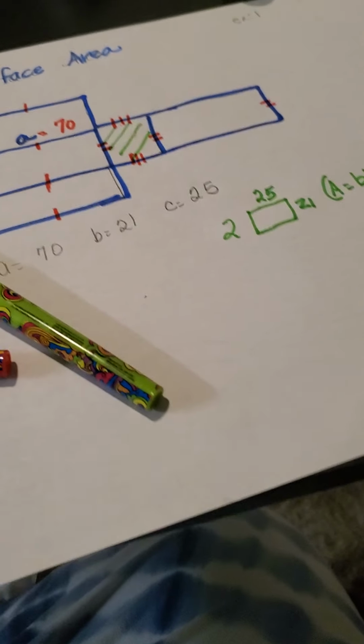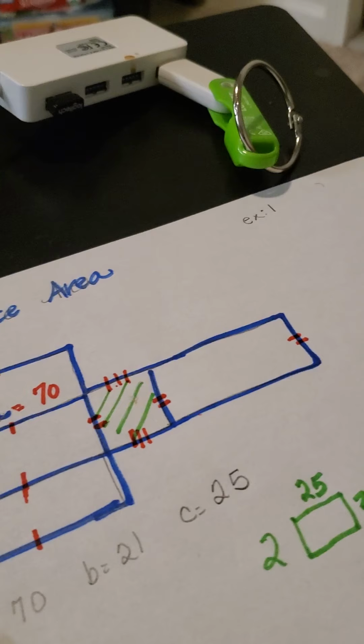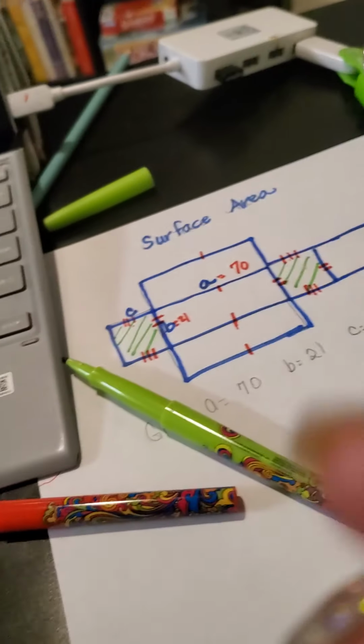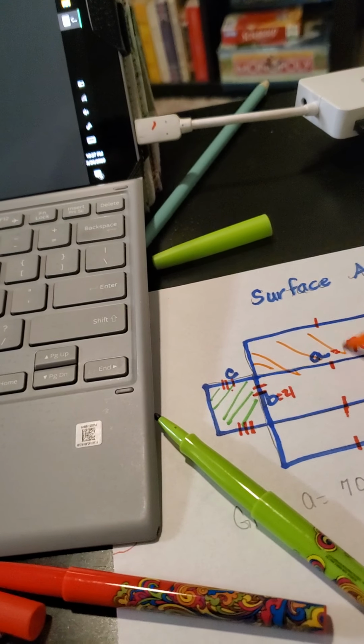And then, I'll get another pen. For right now, we know we have 3, and I'm marking those in orange.